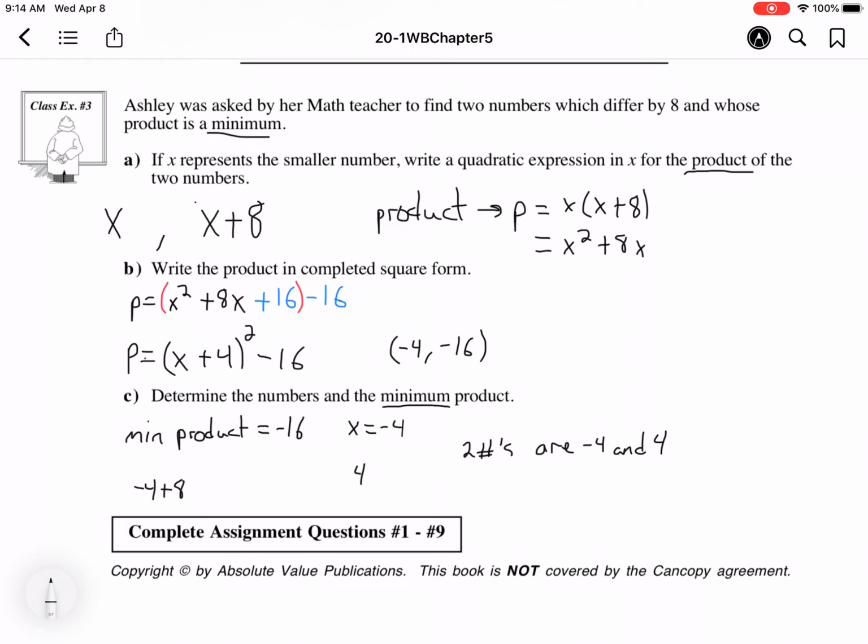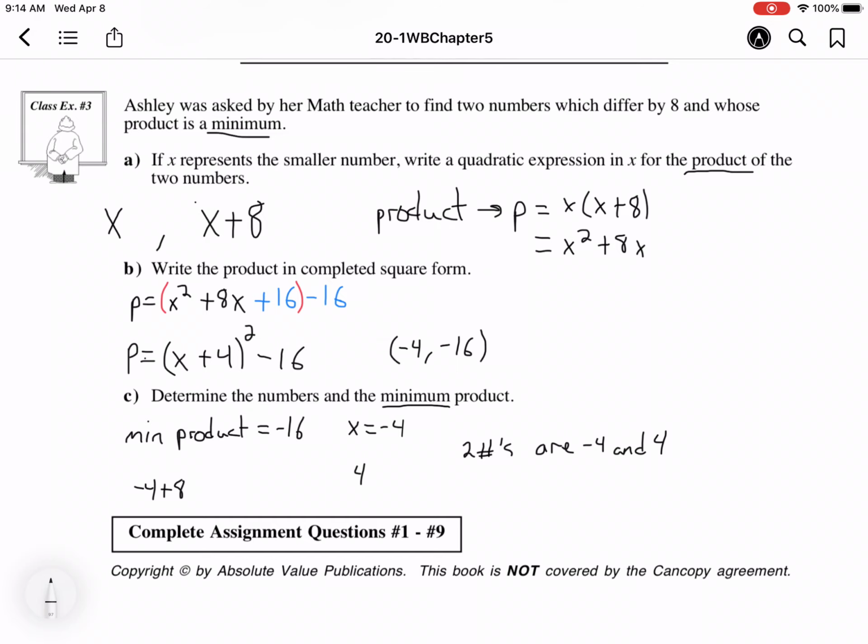We're trying to get the most negative number we can get, right? And so -16 is far lower than 0. 0 and 8 would give you a product of 0, and so this is the lowest possible product. So keep in mind, sometimes when you hear the word minimum, you're going to think, well, I'm going to try to get to 0. But in this case, minimum is the most negative, alrighty?